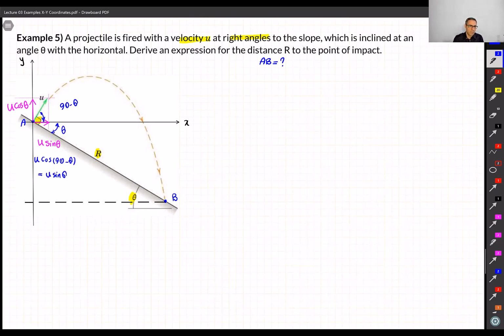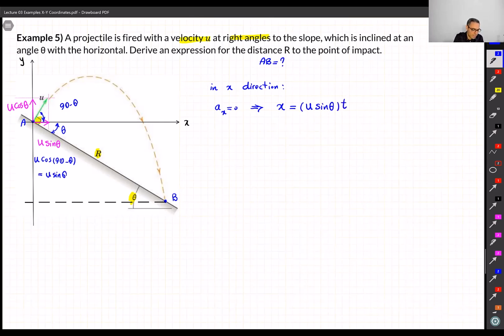All right, so this is all the information that we have, and then let's step by step solve it. So in x direction, we know that because there is no acceleration, like ax is 0, then simply I write down x has this formula. x is going to be u sine theta multiplied by t, right?